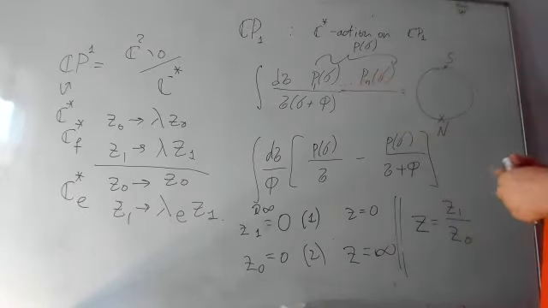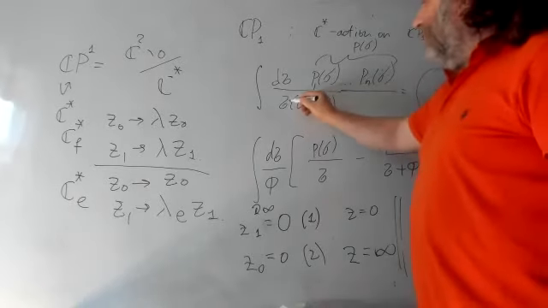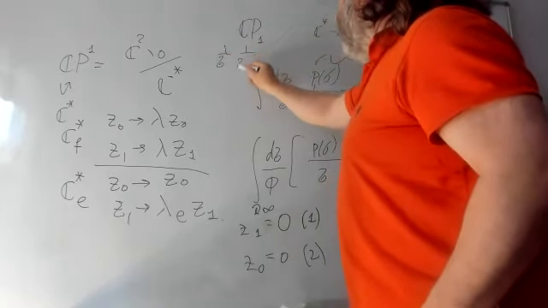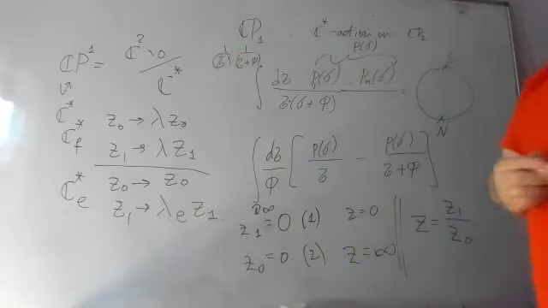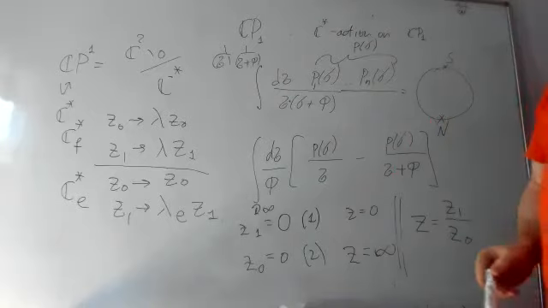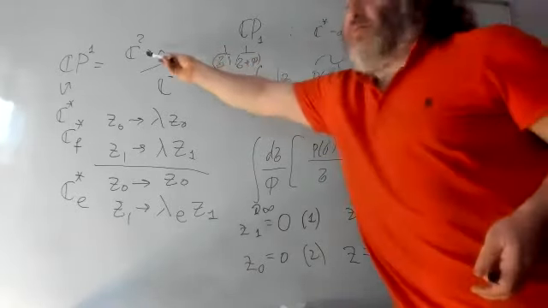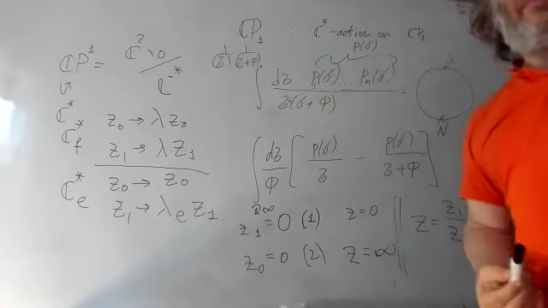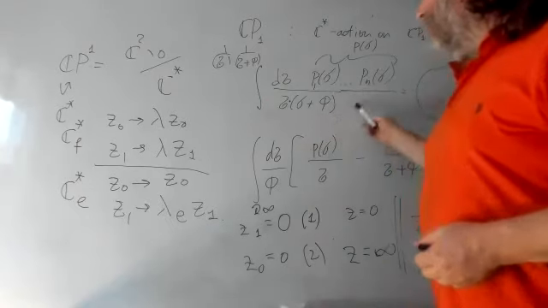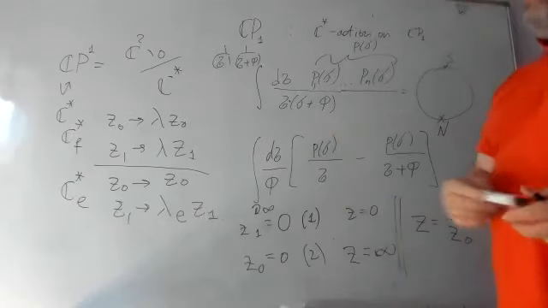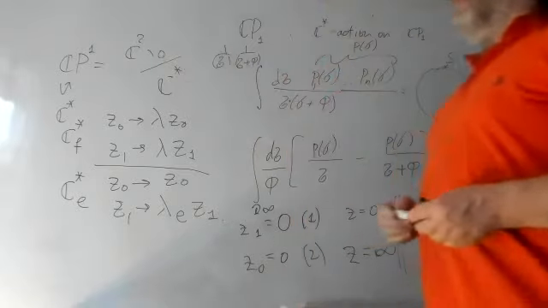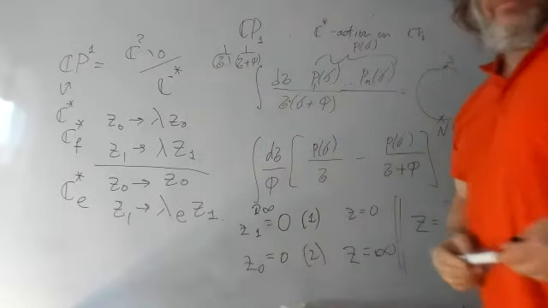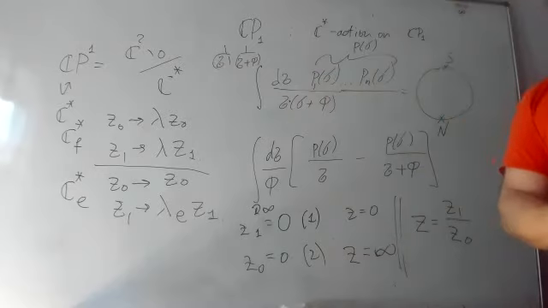If you look at this formula, you may see an interesting phenomenon: 1 over sigma and 1 over sigma plus phi is something that we already know. 1 over sigma is the equivariant integral of one of these C's, and 1 over sigma plus phi is the equivariant integral of another C. So actually, what we have in this formula is the equivariant integral of C squared, and factorization by C star actually means this integral over sigma.